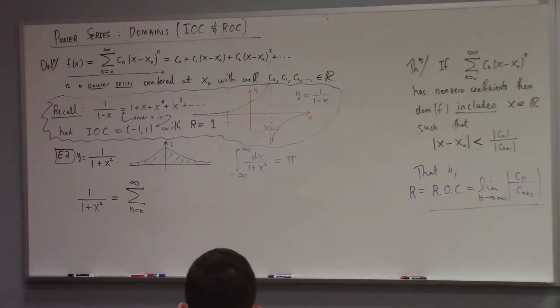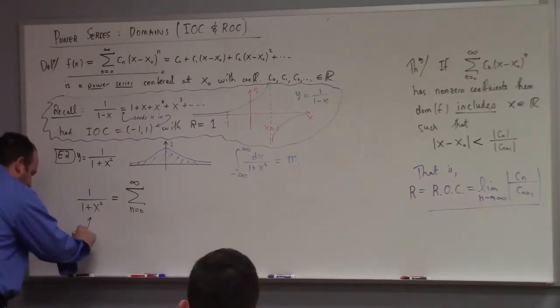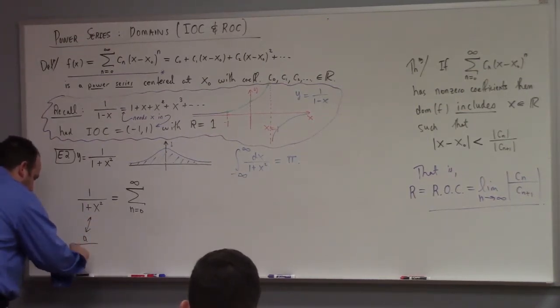This is the sum of a geometric series, is it not? Compare and contrast this with a over 1 minus r. What is your a?